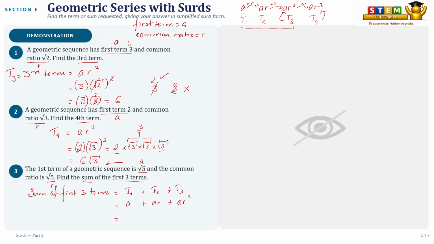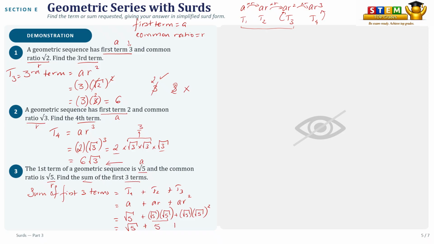What is A? A is root 5, plus then you have root 5 multiplied by root 5, plus root 5 multiplied by root 5 squared. So that gives me root 5. Squaring a root gives me just the 5.